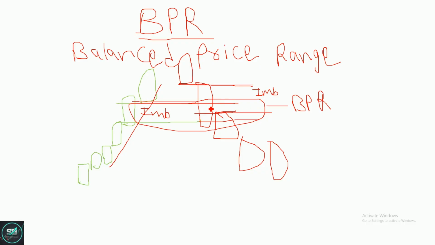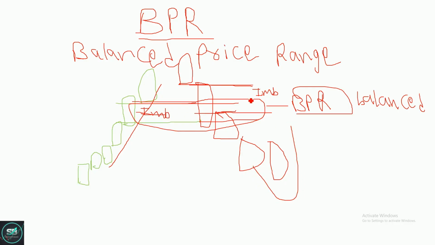But when these two FVGs overlap each other, now price is balanced. So in this BPR area, the price is now balanced. Earlier it was imbalanced, now it is balanced. This is a very high probability zone. Price will act as a magnet and it will pull back to this double imbalance zone.